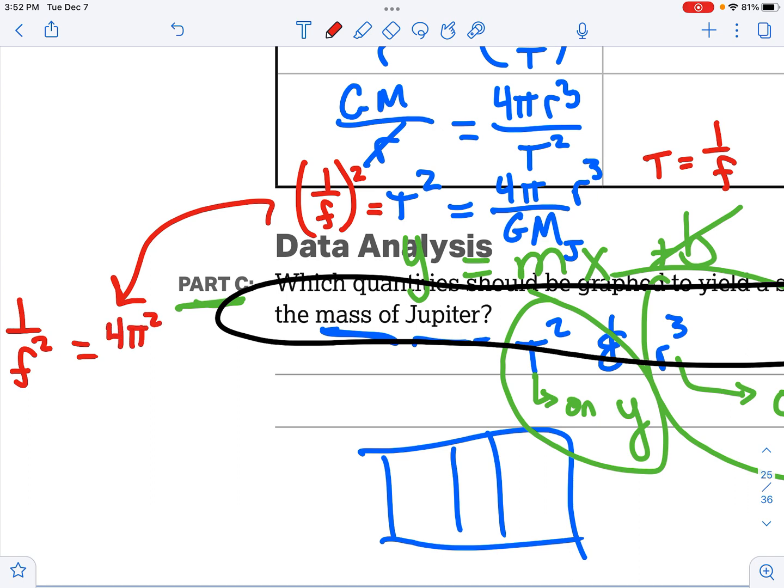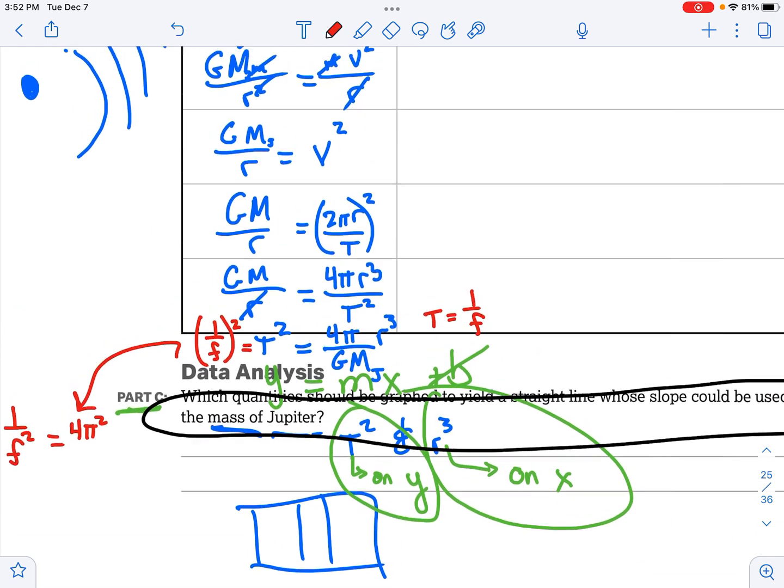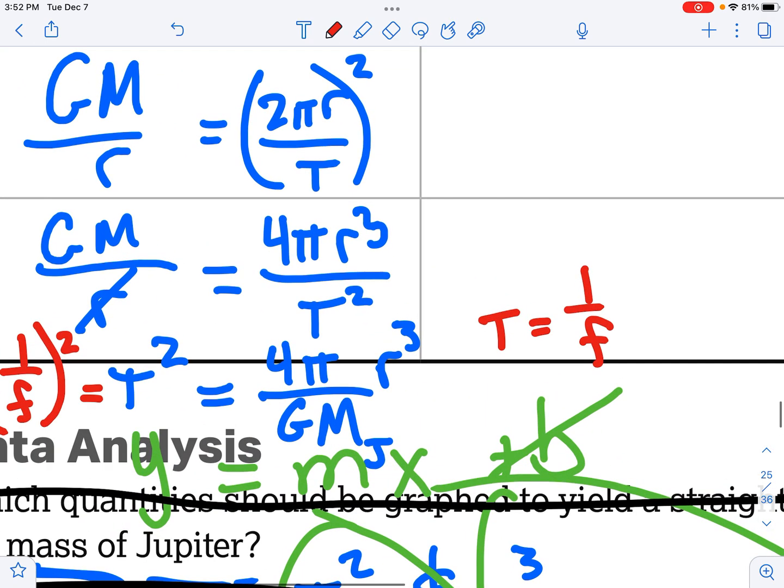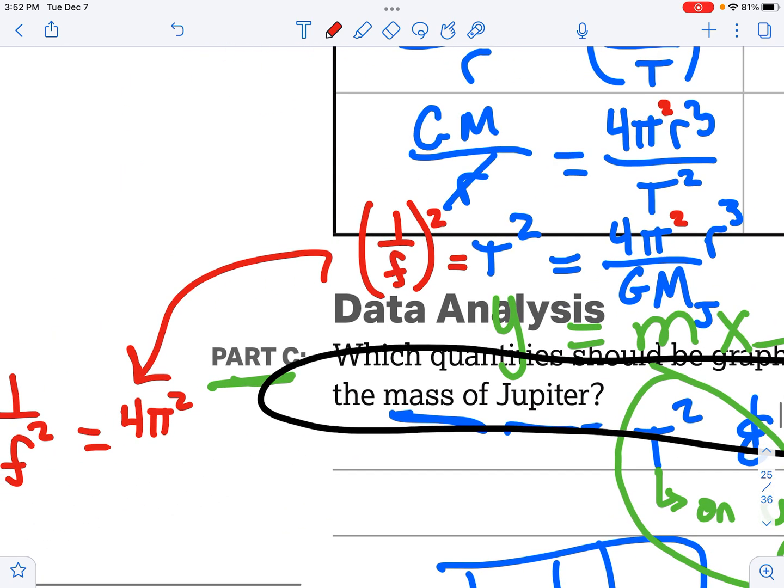4 pi squared. Oh yeah, look at how sloppy I was. 4 pi squared r cubed over GMJ. Okay.